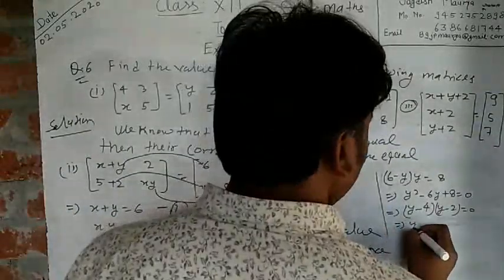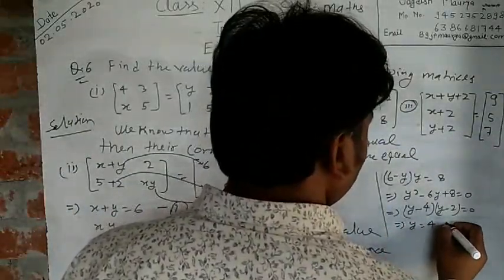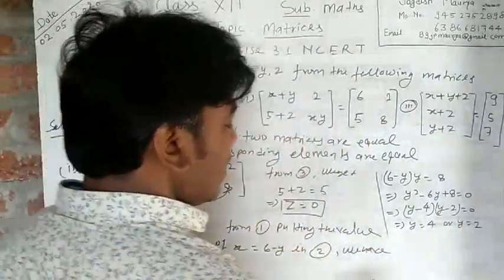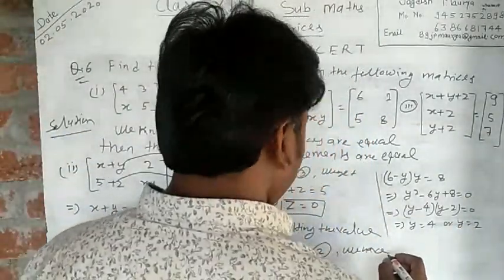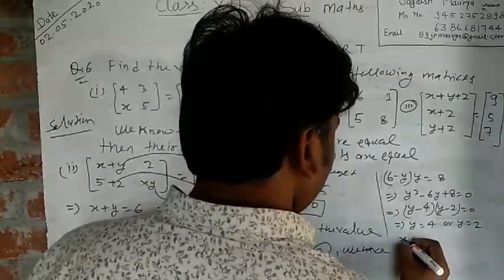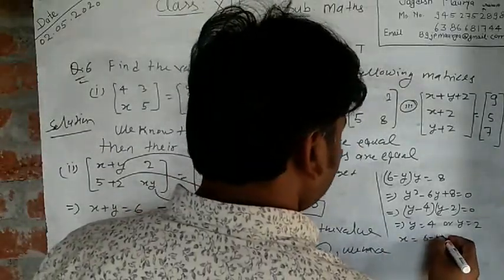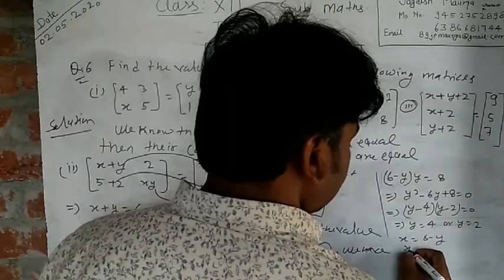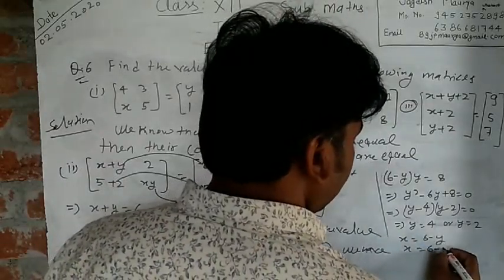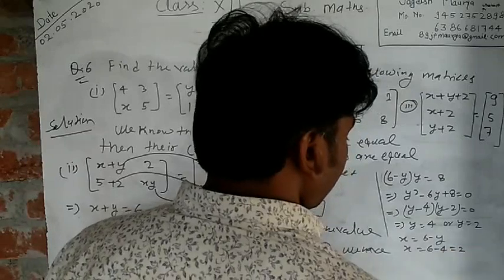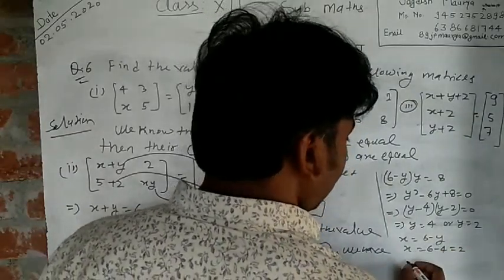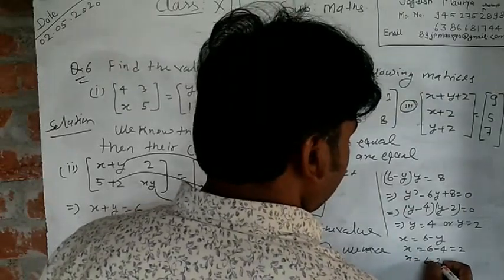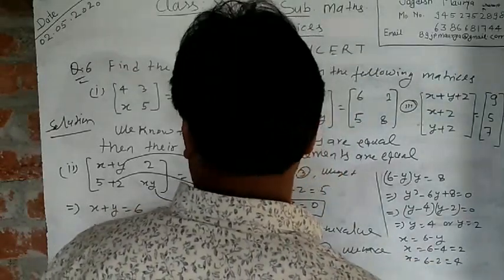This implies that y equal to 4 or y equal to 2. Putting the value of y in x equal to 6 minus y, if we take y equal to 4, x equal to 6 minus 4 equal to 2. If we take y equal to 2, x equal to 6 minus 2 equal to 4.